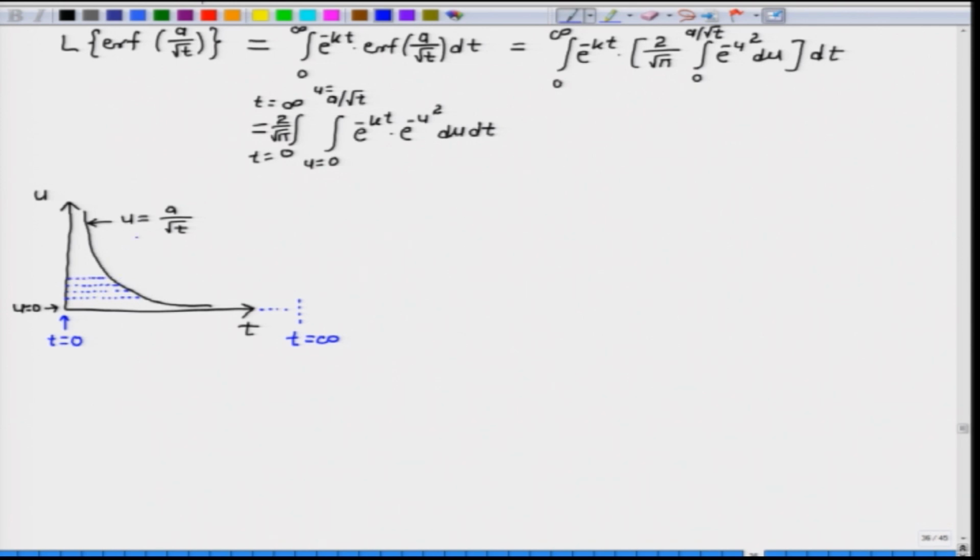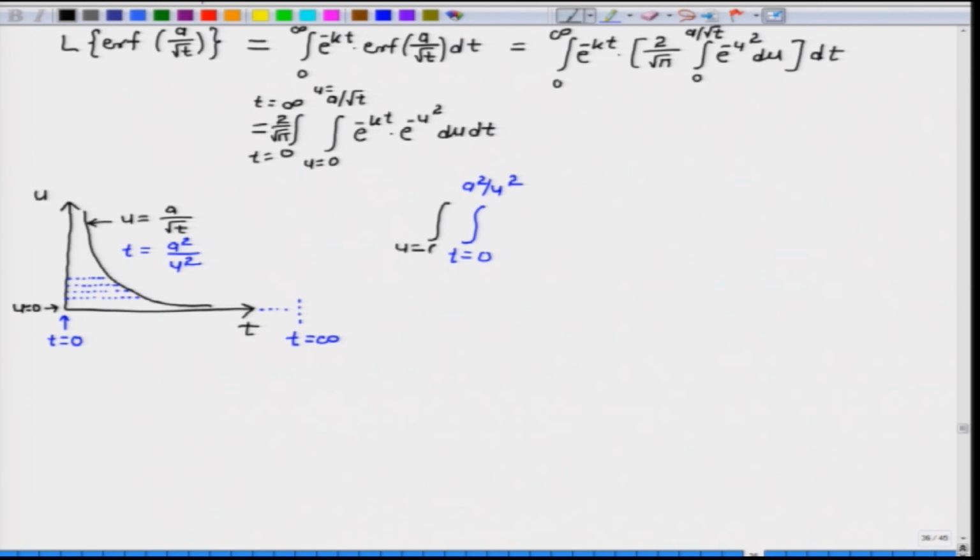So, you can also write this equation u equal to a by root t as t equal to a square by u square. So, we define the inner integral limit as t equal to 0 to t equal to a square by u square, and the outer integral limit will now become u. So, u in this case will be bound by u equal to 0 all the way to infinity.